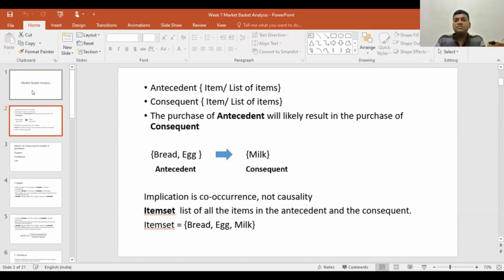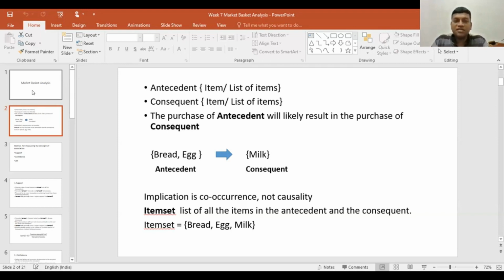Something like, let's say if you've come to buy Band-Aid, you might also buy Dettol or Savlon. Or if you've come to purchase a toothpaste, you might actually buy a toothbrush. So buying one thing might actually trigger the purchase of the other. The list of one item or a group of items which gets bought first is the antecedent. The one which gets purchased as a consequence of the first thing is called the consequent.